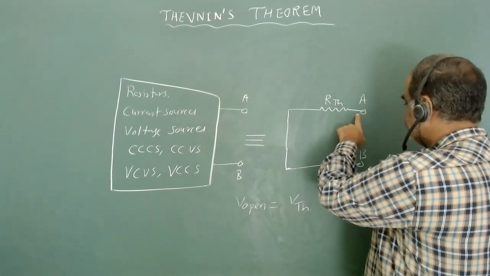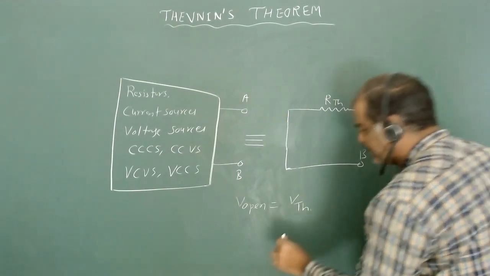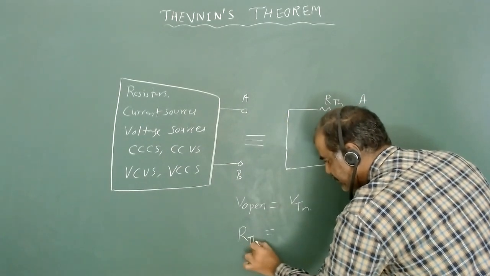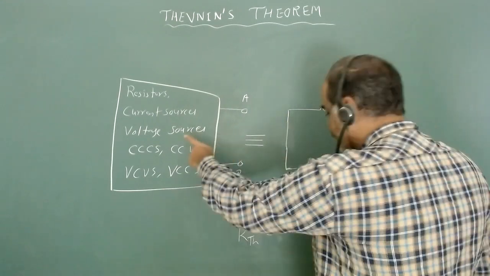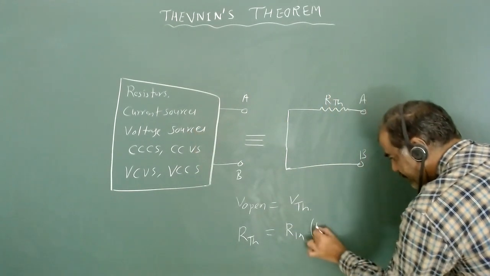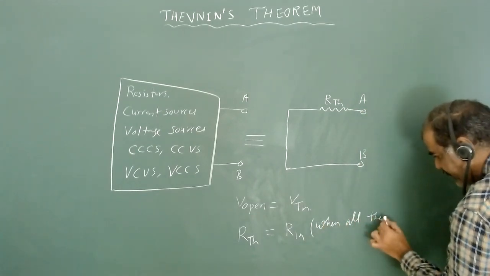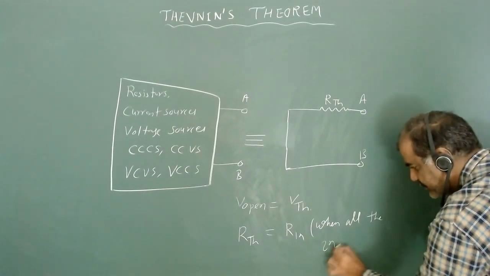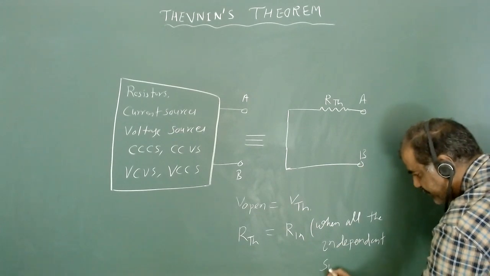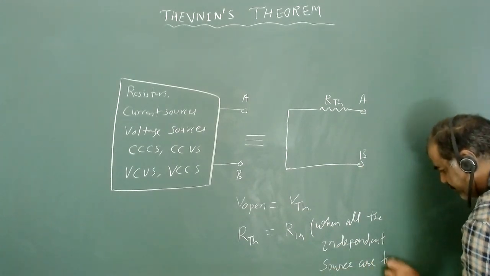In that case, the resistance across A and B is equal to R Thevenin. This R Thevenin is equal to the input resistance of terminals A and B when all the independent sources are turned off or deactivated.